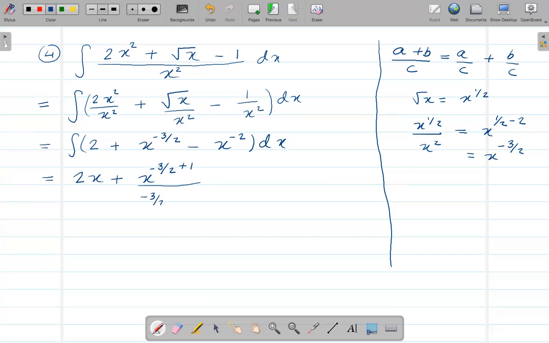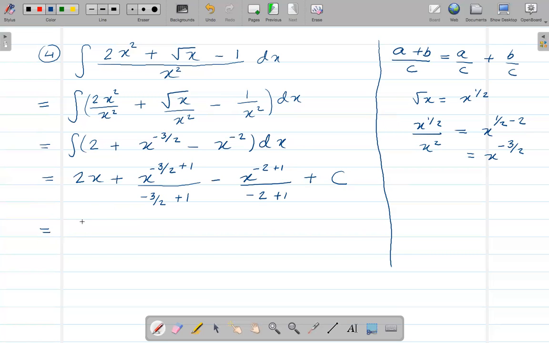Similarly, minus, minus, x to the power negative 2 plus 1 over negative 2 plus 1, and plus c. So, a constant.